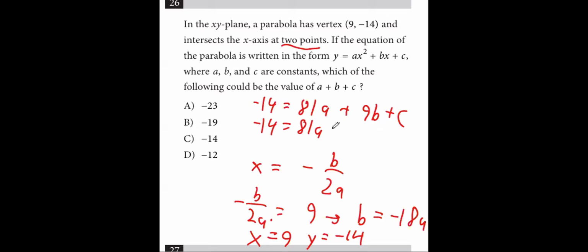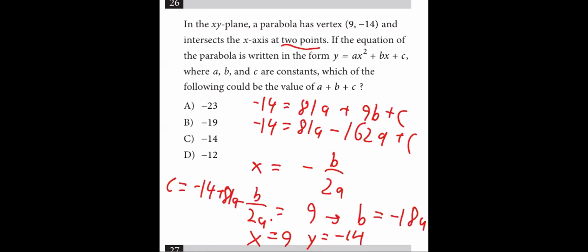B is negative 18a, so substituting for that we get negative 162a plus c, where c is some constant. If we simplify and solve for c, so 81 minus 162, and bring it to the other side, we get c equals negative 14 plus 81a. So that's to solve for the c value.